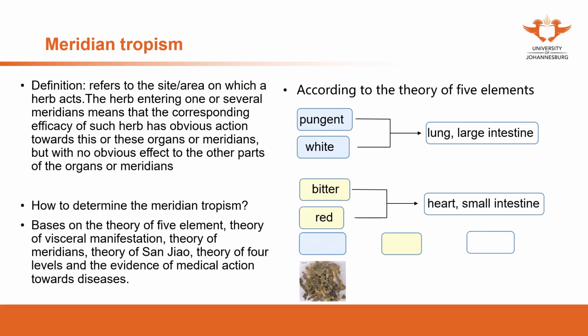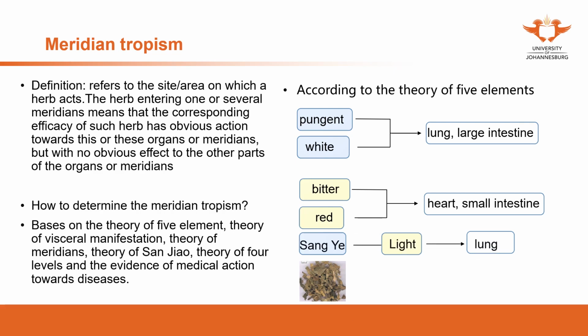The bitter and red: red is the fire, bitter is also the fire. They are more likely to act on the heart organ and meridian, the small intestine organ and meridian, for example.